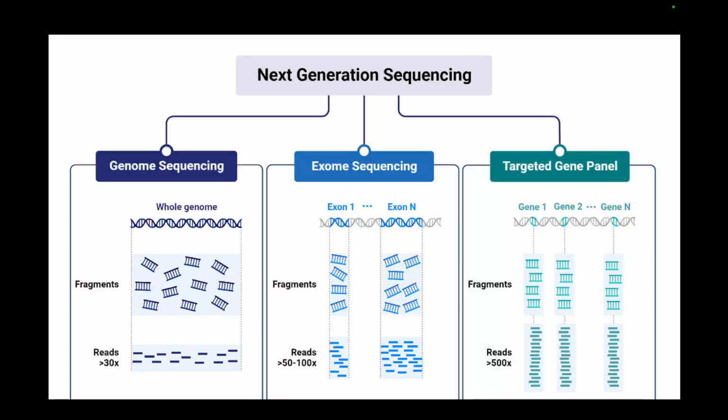Sure, you lose out on a lot of data. You do not know how the introns look, if there are any mutations in the introns that are contributing to this malfunction of the protein. You won't know that. But if there is a particular mutation or variant inside the exome of the genome of the individual, you can predict due to that mutation how the different proteins are getting changed downstream and how it is contributing to a disease state.